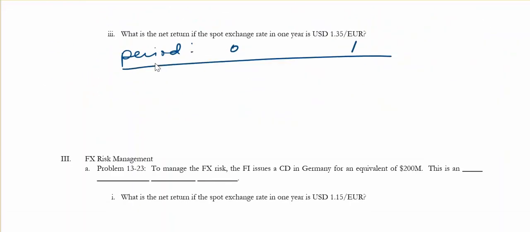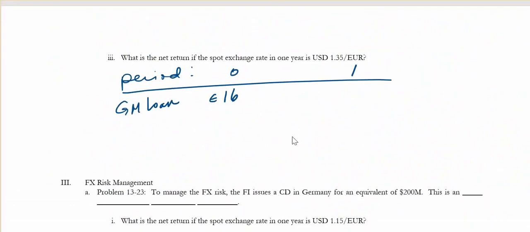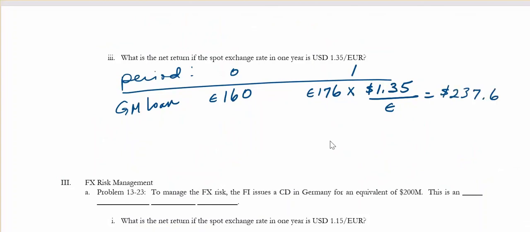Now consider the opposite case. The only thing that changes is the German loan. So we're still making a loan of 160 million euros. We're still receiving 176 million euros, but it will convert to this many US dollars: 237.6 million.